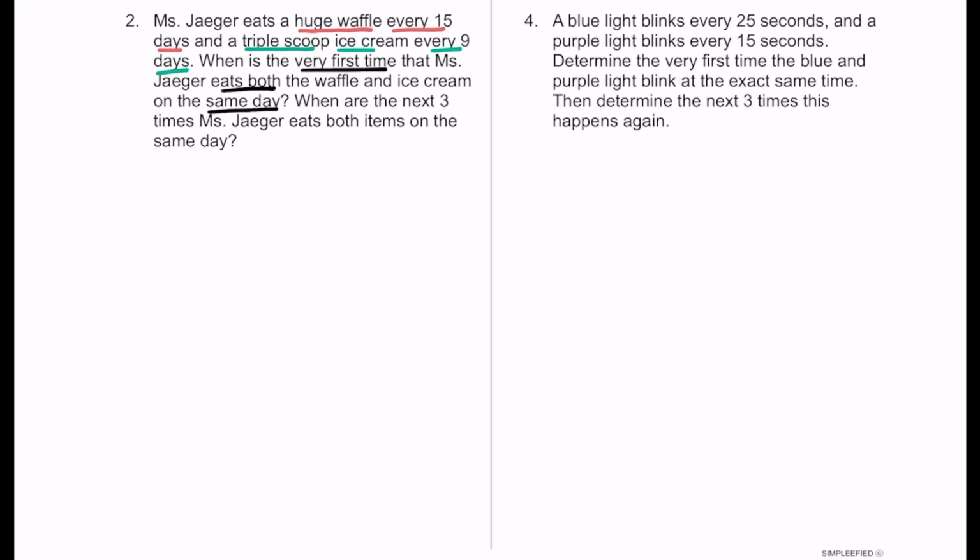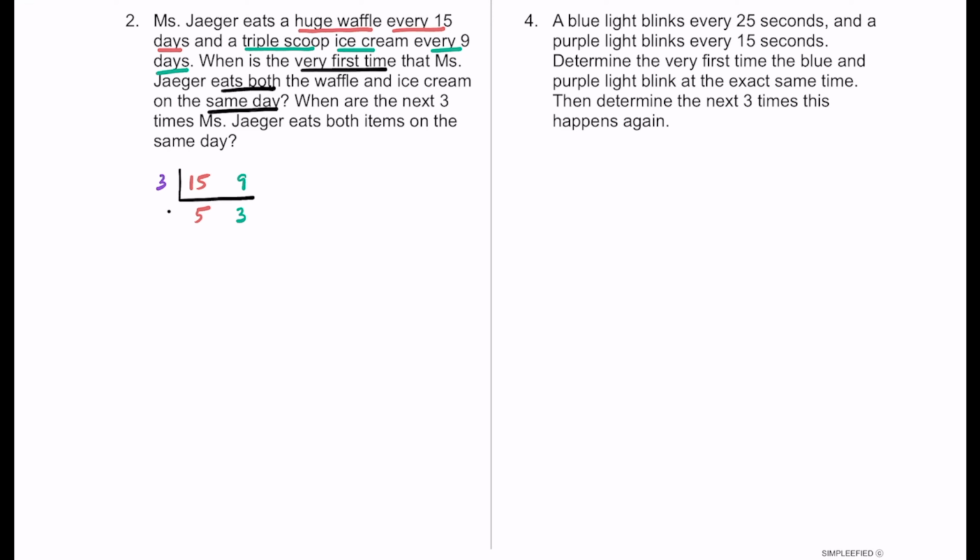Let's see, 15 is for the waffle, and 9 is for the ice cream. We can find out when they meet by listing them, or we can use the ladder method. For 15 and 9, a common factor would be 3, right? 3 goes into both of these numbers. 3 goes into 15 5 times, and 3 times 3 gets you 9.